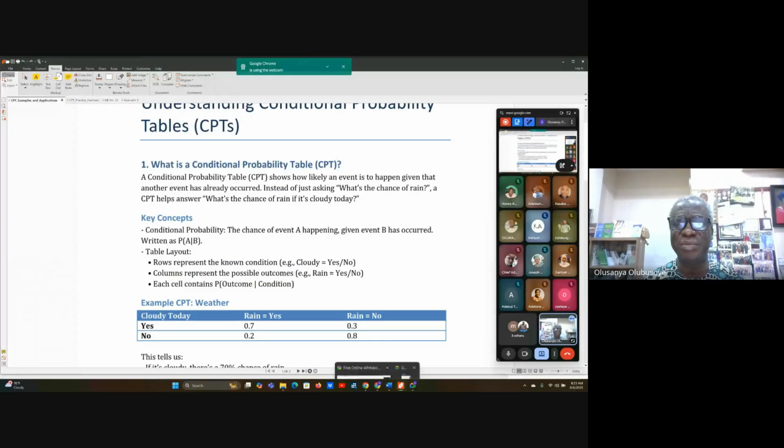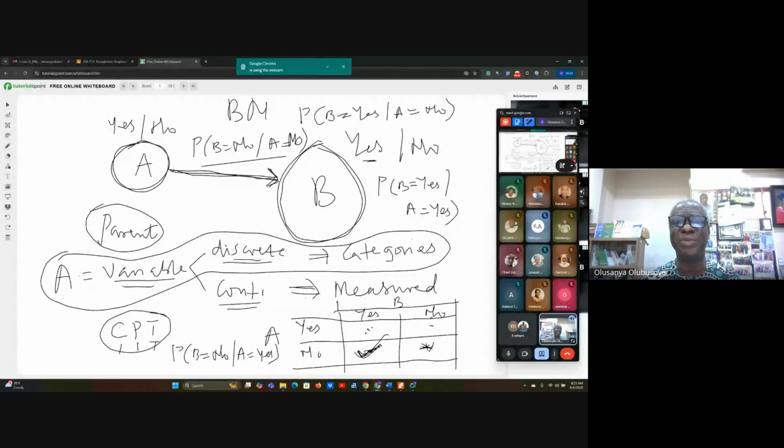And that's precisely what I'm trying to show here. We are looking at the likelihood of B occurring given that A occurred.